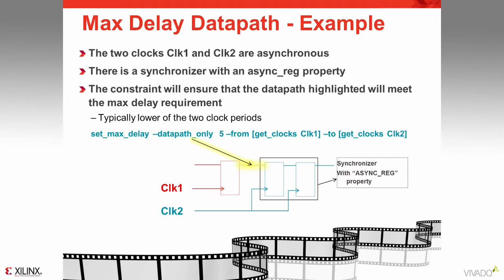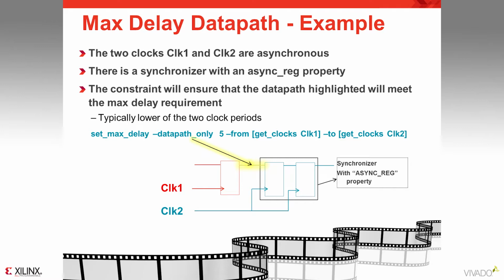In this example, there are two primary clocks, CLK1 and CLK2, that are asynchronous. There is a path from the clock CLK1 to the clock CLK2, which needs to be constrained. Note the presence of a synchronizer in the clock CLK2 domain. The set max delay datapath only constraint is used to constrain the asynchronous path between the clocks CLK1 and CLK2.